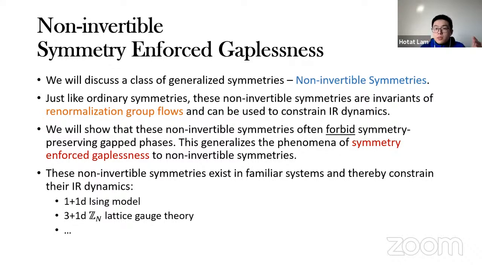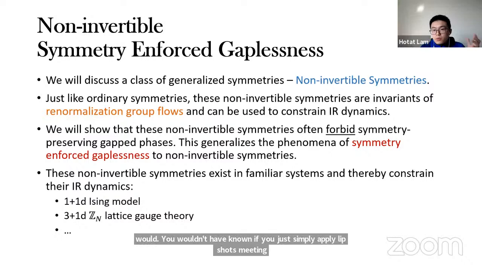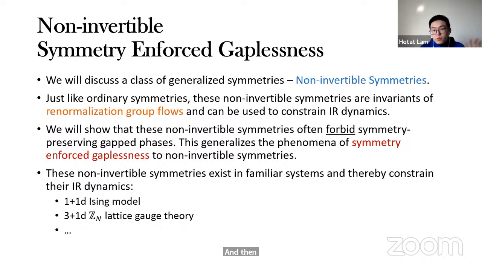But if I'm talking about non-invertible symmetries, then this will be new results. I see. So there are some examples of 1+1D gapless systems with non-invertible symmetries that you wouldn't have known if you simply applied the Lieb-Schultz-Mattis theorem. Correct. I'm going to discuss an example like this. And the more interesting things are in higher dimensions, and I'm also going to discuss an example of that. Thanks.